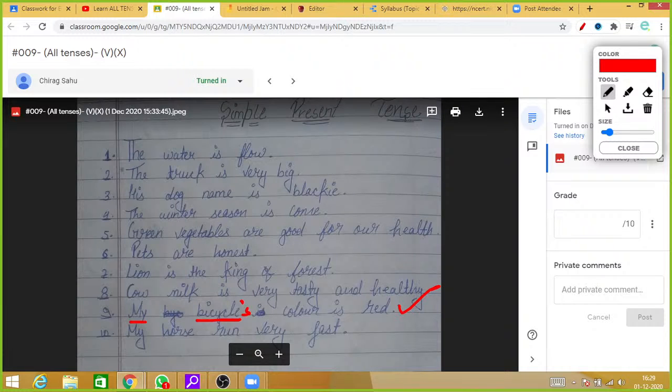So my horse run very fast. This is another one. So now, actually here the helping verb is. So that's why we are using bicycles, right? But in this case, whom are we talking about?